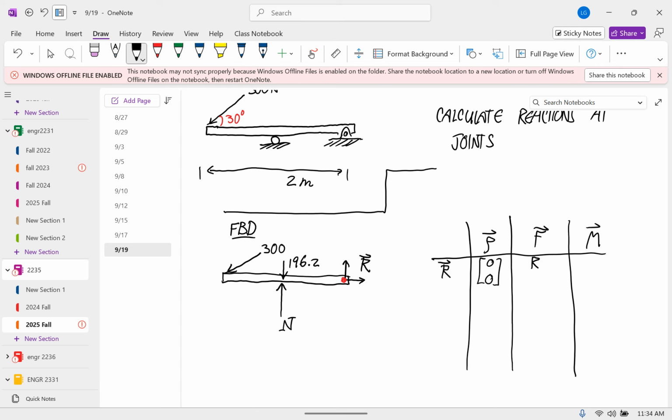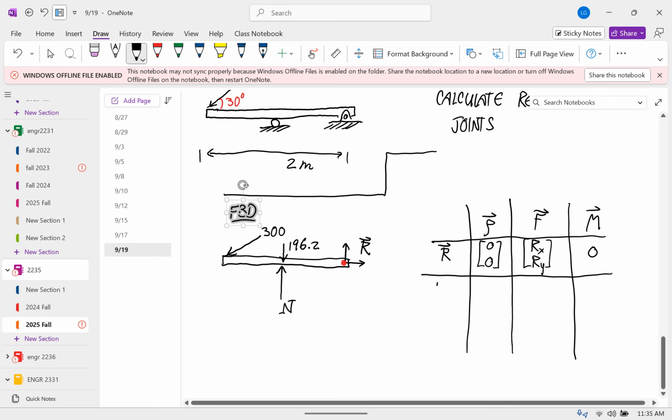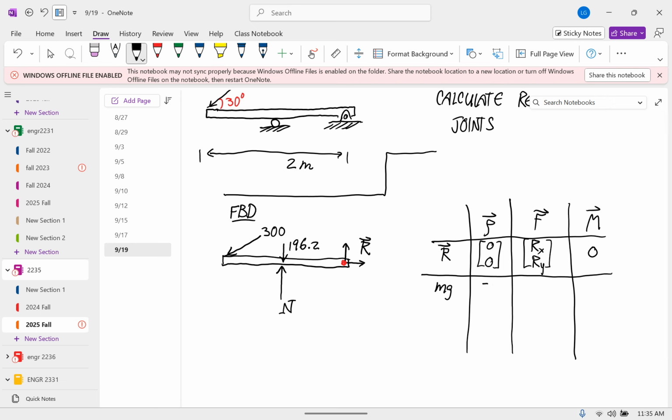The force is Rx, Ry. Cross product is 0. The weight force, the row vector is -1, 0. The force is 0, -196.2. The cross product is +196.2.